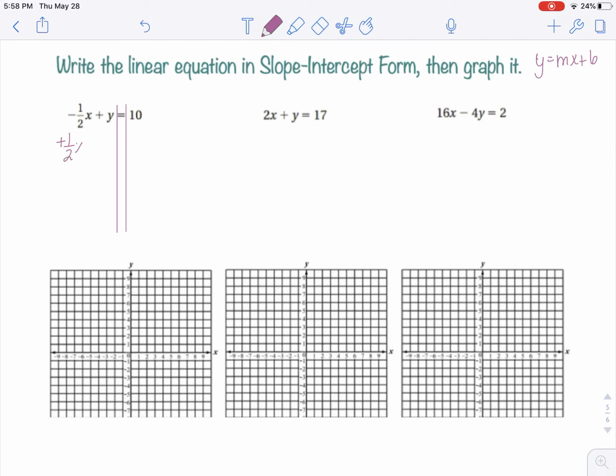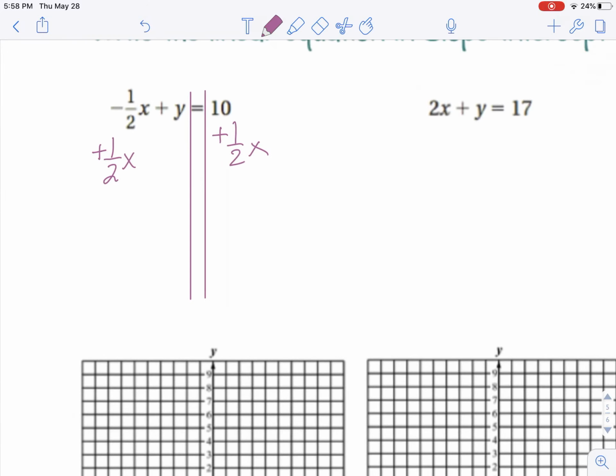So I add 1/2 x, add 1/2 x. I know you guys pretty well, so I know you guys are freaking out already because, oh my god, it's 1/2 x. That's okay. Y equals 1/2 x plus 10. And actually, we're done because the y's coefficient is a 1. And that's what we're trying to get.